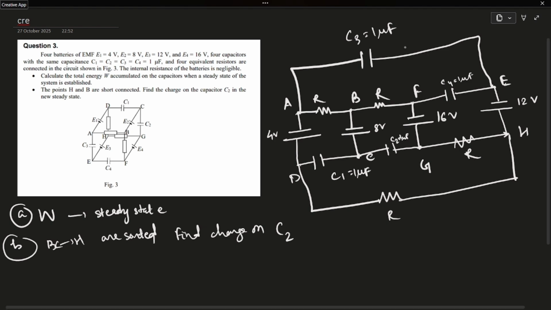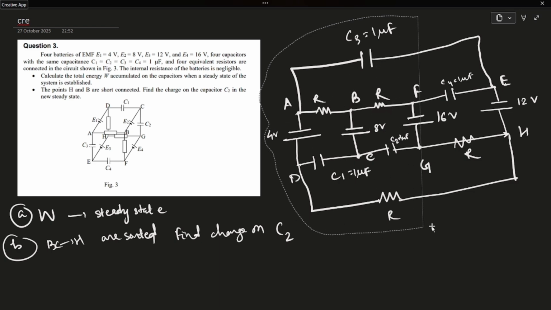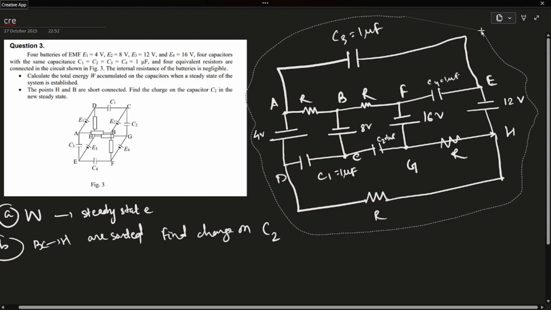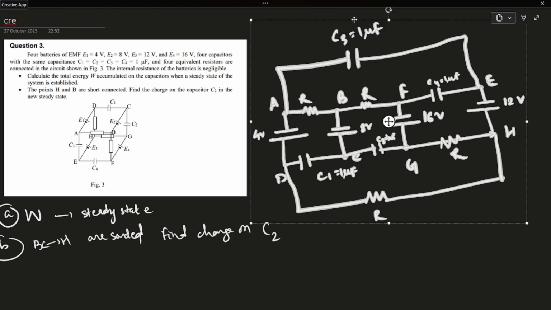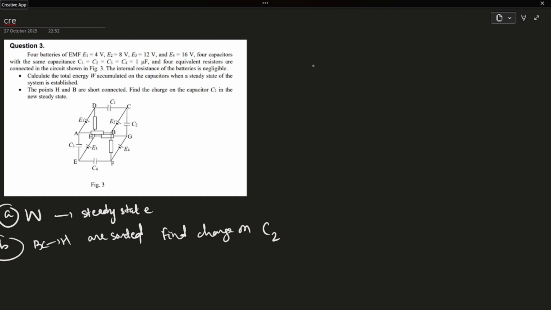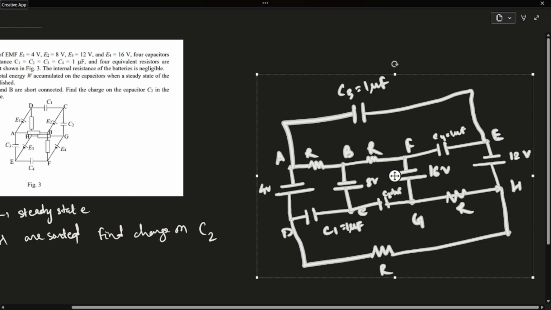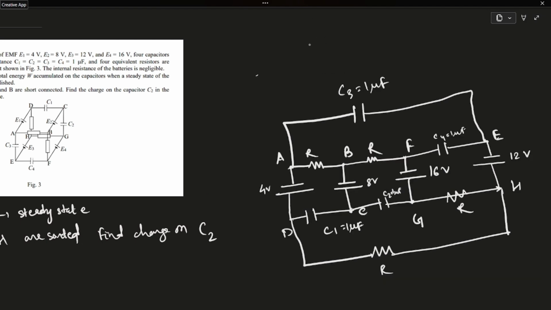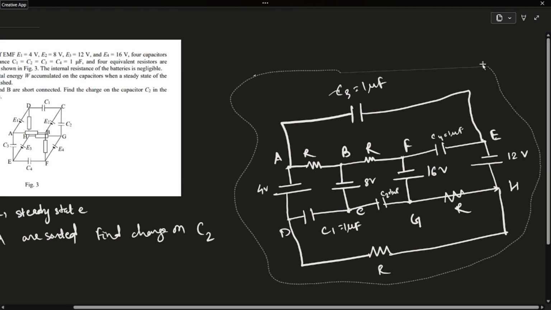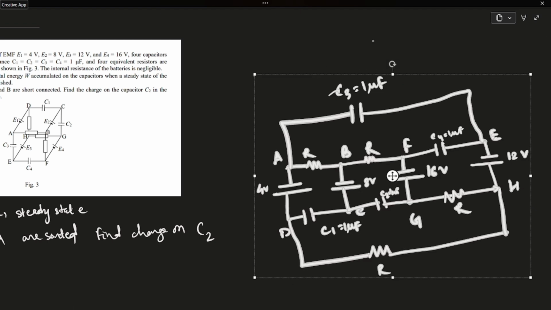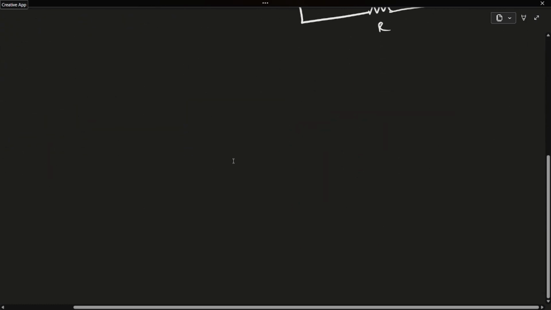I'm copying this. Cut. Move right. Control V. Copy it here.